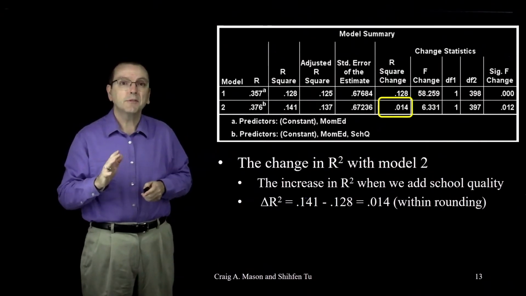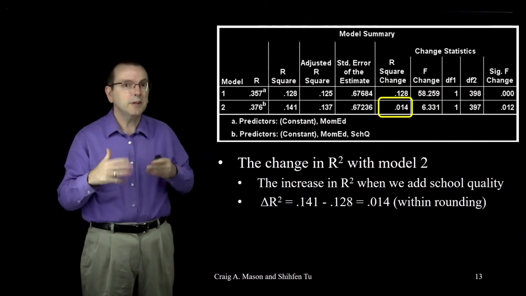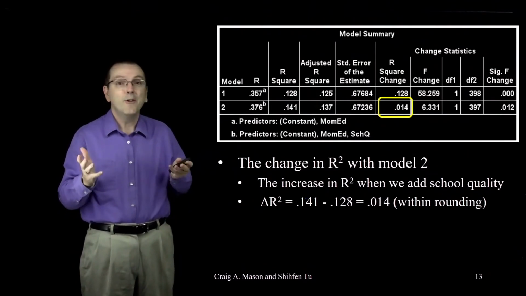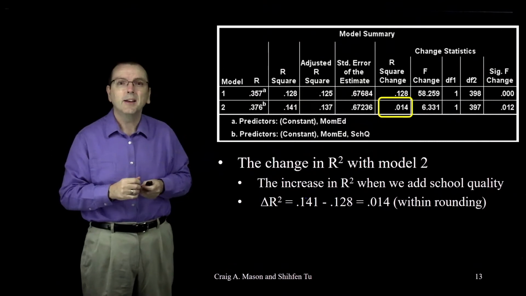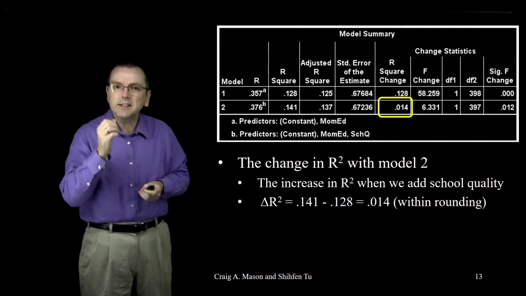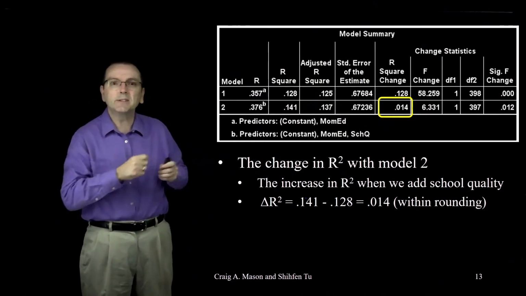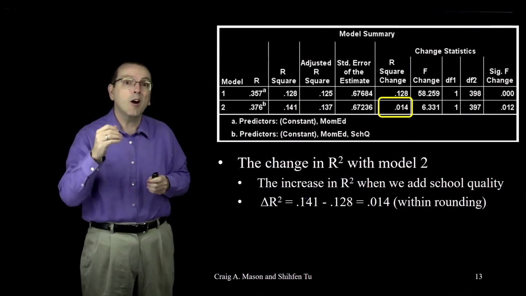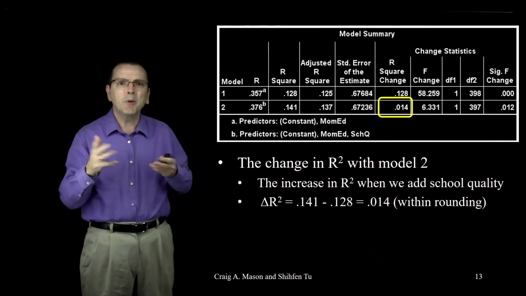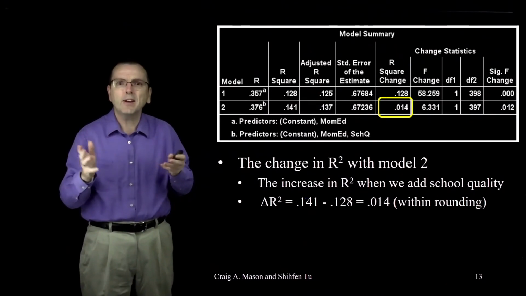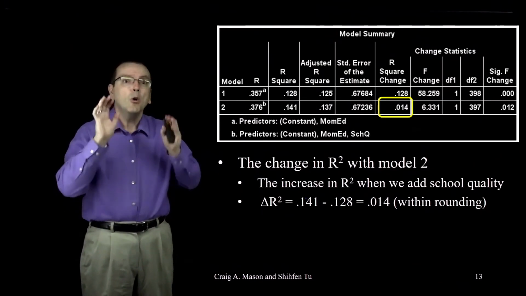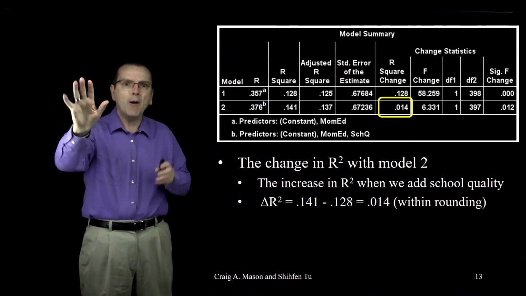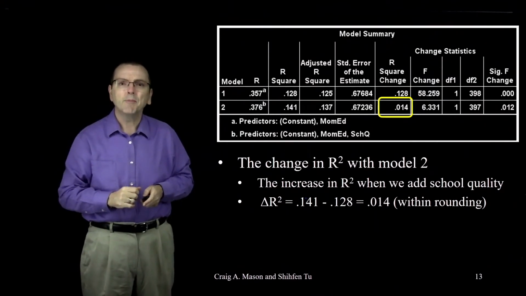Now, of course, this increase will be statistically significant, or stepwise multiple regression would not have added it to the model. But what is the test for whether that 0.014 increase in the R-squared is just random noise and maybe the effect of school quality controlling for mother's education really is zero out in the entire population?